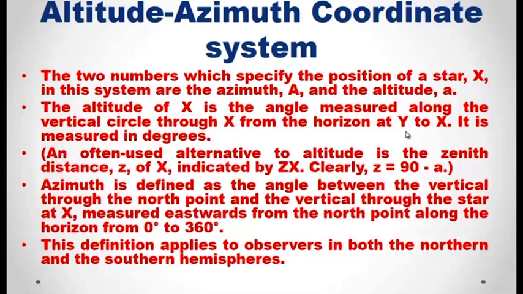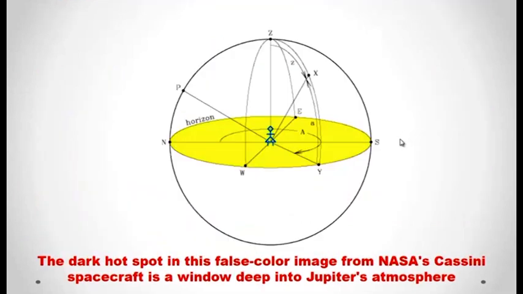You can understand this concept more clearly from this figure. Here you can see a sphere. This sphere is the celestial sphere. The celestial sphere is nothing but an imaginary sphere around Earth. Earth is kept in the center of that sphere, and all latitudes and longitudes are drawn on that sphere.